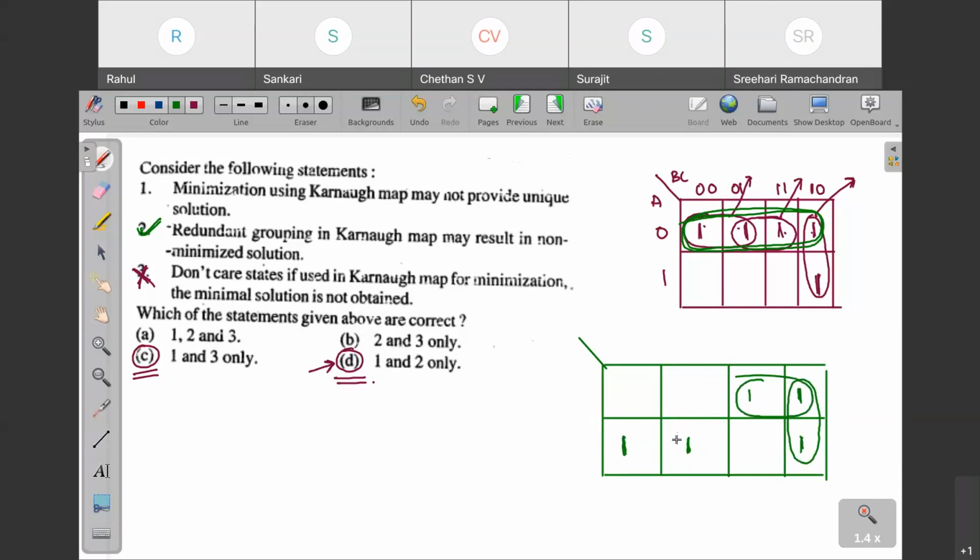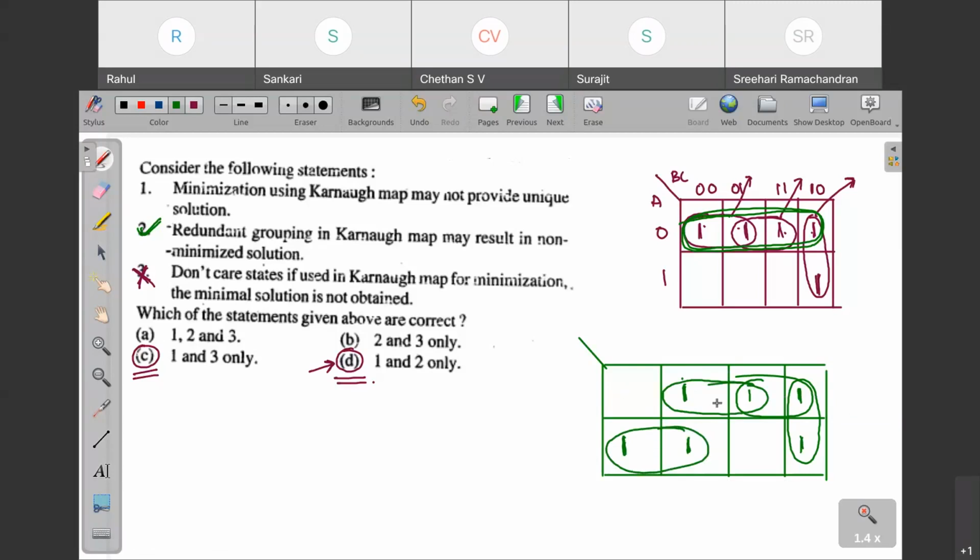Now look here very carefully. Either I can group this one with this one, like this, and this with this.